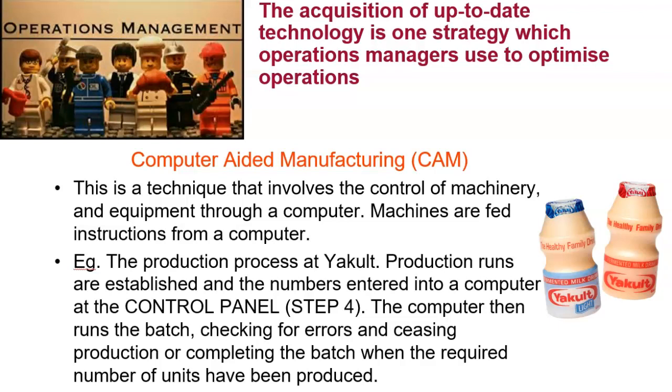So all the information is entered into the control panel. The computer then runs the batch. So it checks for errors and ceases production or completes the batch when the required number of units have been produced. So it interrelates with the automated production line, to be able to complete the production process effectively.